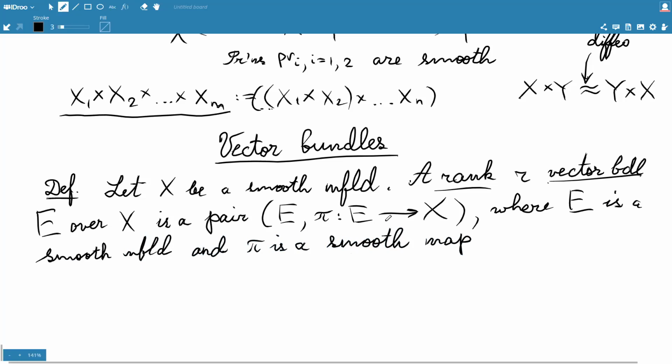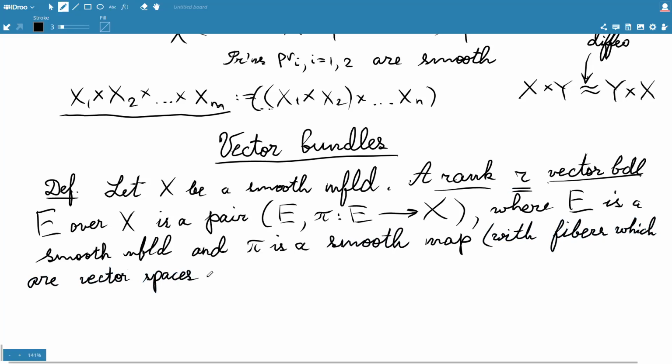We'll speak about real vector spaces usually, so they are fibers which are vector spaces of dimension r, which is called the rank of the vector bundle.